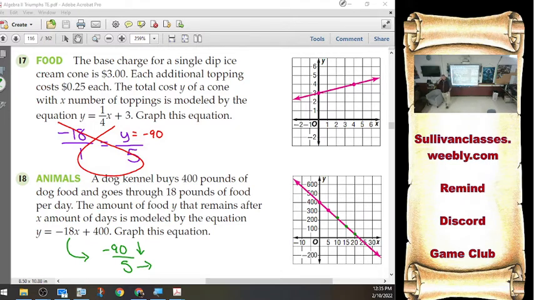And then connect the dots. Now we're going to go through more like that. So it goes from 400 to 310 to 220 and then to 130. You're subtracting 90 every time. Okay?